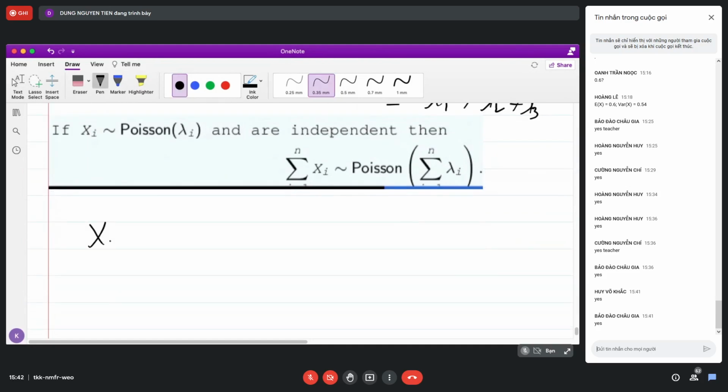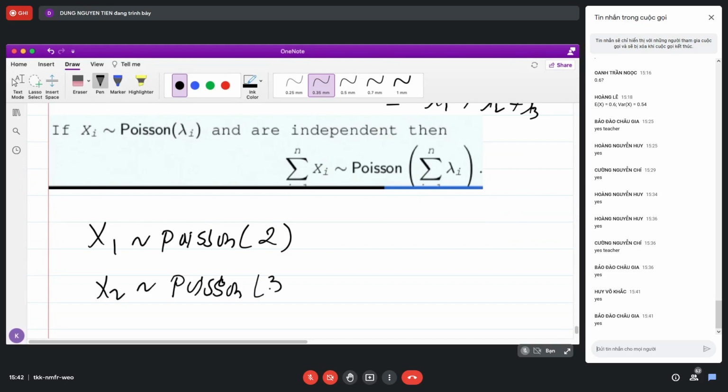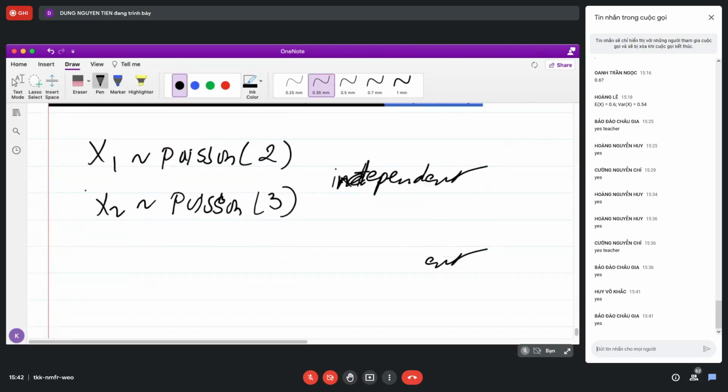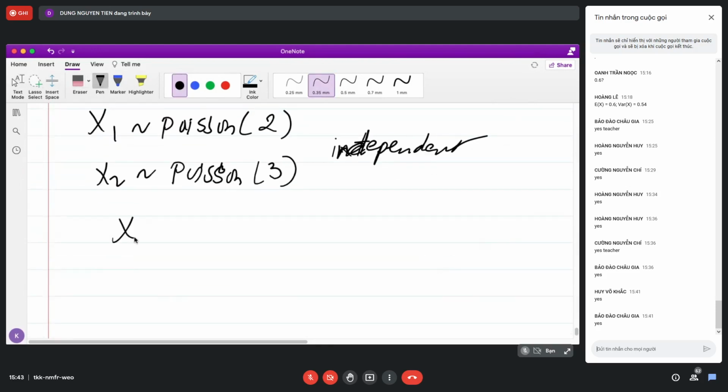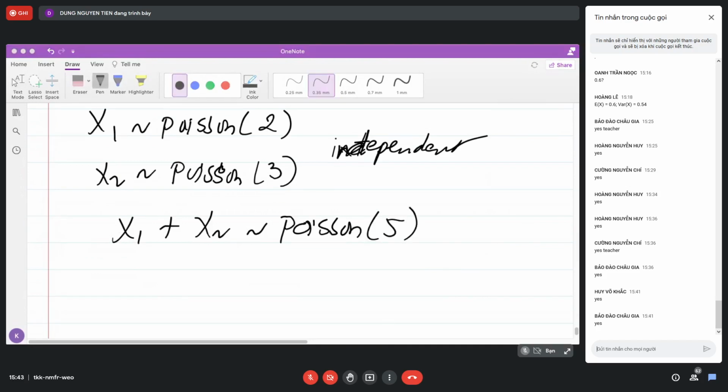For example, if x1 follows a Poisson distribution with the parameter 2, and x2 follows a Poisson distribution with the parameter 3, and they are independent, then we can conclude that x1 plus x2 follows a Poisson distribution with the parameter 5, right? Do you understand? Is that all clear? Okay.